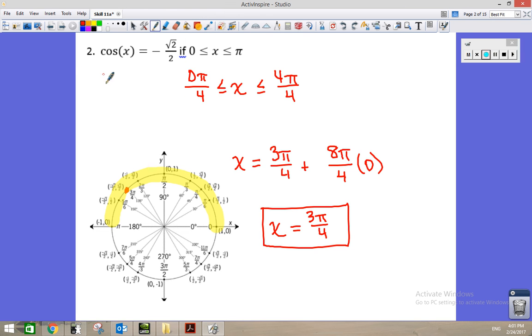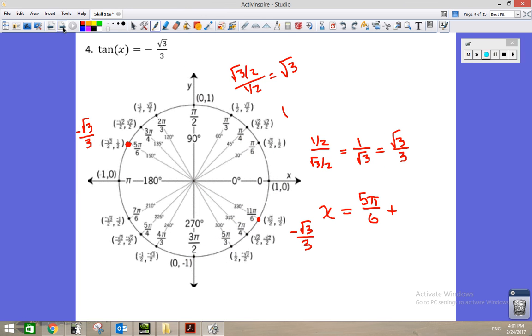That's the period for cosine, but the period for tangent is just pi or 180 degrees. So I'm going to add integer multiples of pi, which when I add pi, that comes around and hits that point. So all I have is one equation that describes going back and forth for angles that has infinitely many solutions to this equation. They didn't want infinitely many, so let's look and see what they wanted.